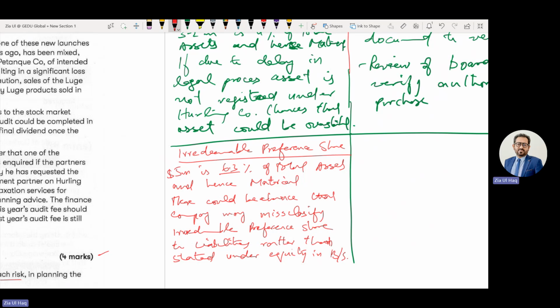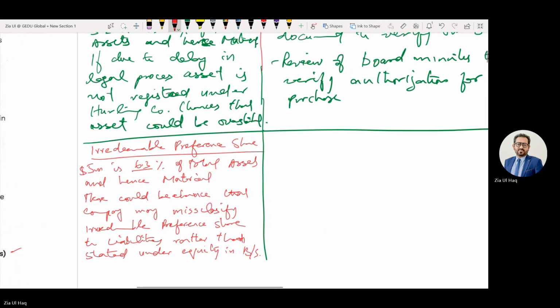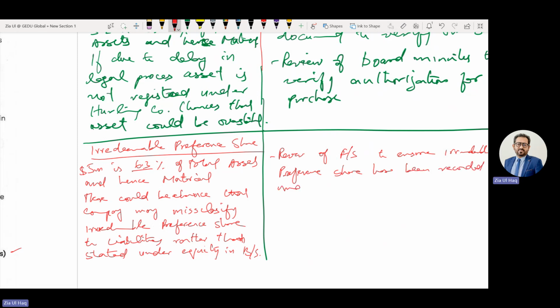How can we verify they are classified under equity rather than non-current liabilities? Review of financial statements to ensure irredeemable preference shares have been recorded under equity in the balance sheet.